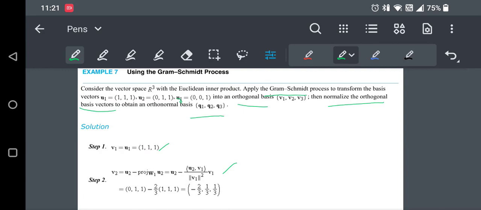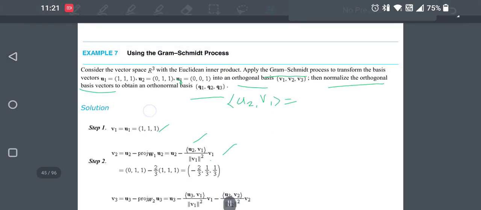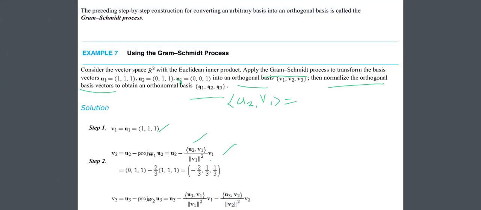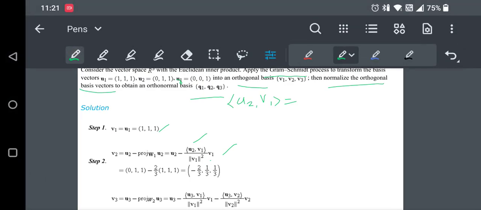We know how to calculate the inner product of u2 comma v1 as well as the norm v1 square. The inner product of u2 and v1 is 0 into 1 is 0, plus 1 into 1, plus 1 into 1. On the whole you will get 2.